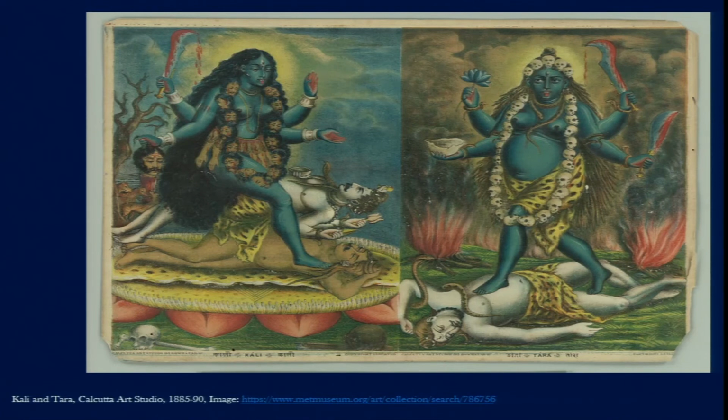This is also a theme that we find to be much more celebrated in Bengal than in many other parts of India. So the localized versions of these stories, or the localized versions of devotion, are reflected in these images here.